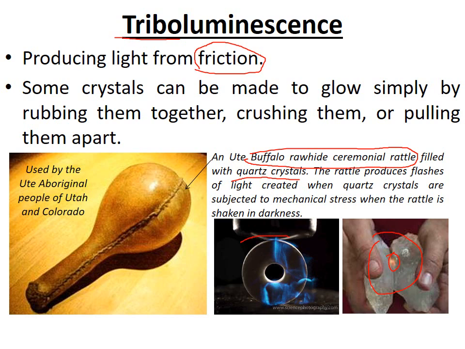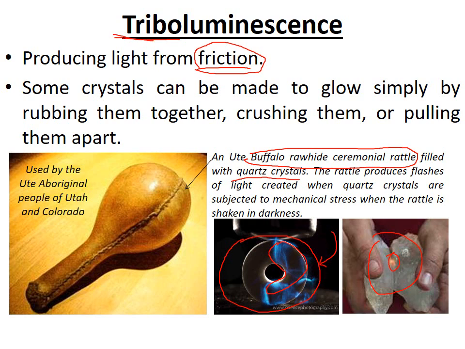This here, you might recognize it. There'll be a little video that you'll have to watch later on. It's a wintergreen mint. What basically happens is if you crush this with your teeth or a hammer in a very, very dark room, and you're observing very closely, or you capture it with a good enough camera, you'll actually see that the sugar crystals within the wintergreen mint will rub together, so that's some friction, and will release some energy as visible light, which you can see over here, almost like a spark.